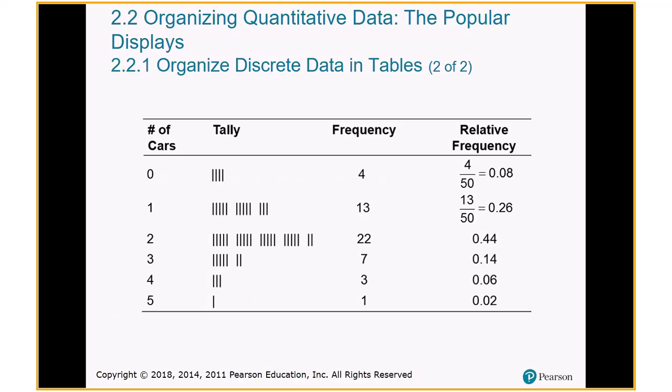Now you have a class. The class is on the left. The number of what? Cars. That's your classes. And then, of course, your frequency is 4, 13, 22, 7, and 1. And that's the difference between quantitative data and qualitative data. You don't have to write that down.